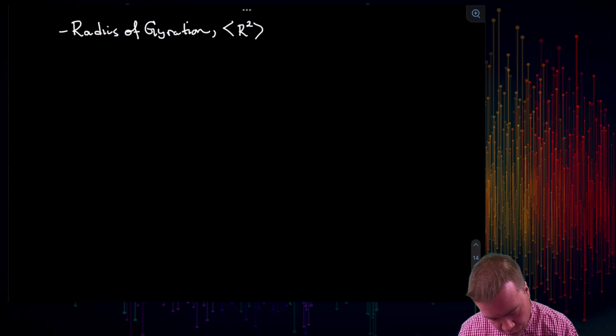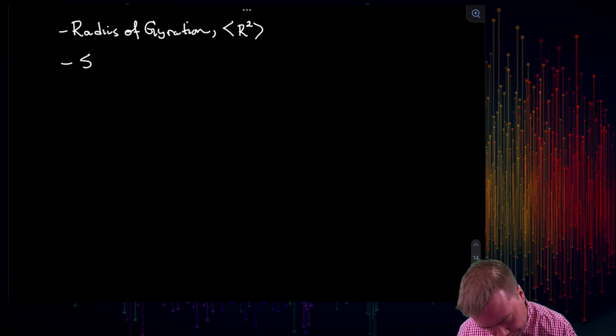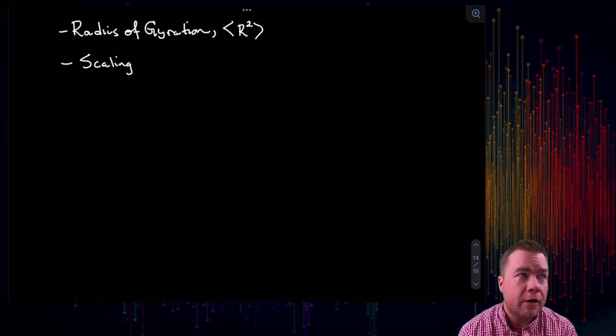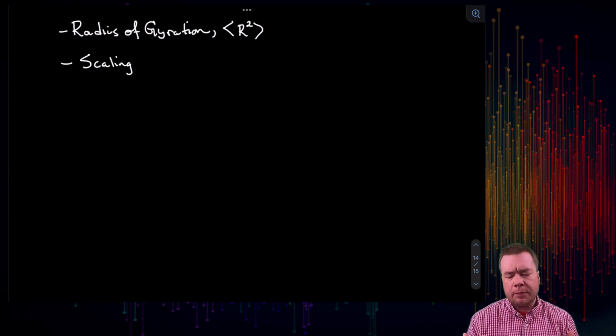After we do that, we're going to move into a discussion of scaling, which in my opinion is one of the most important things that we do in polymer physics and polymer physical chemistry. So in other words, sometimes our systems are so complicated that we don't necessarily know all of the details. So for example, we don't know all of the numerical prefactors that go into constructing some kind of model for how polymers behave.